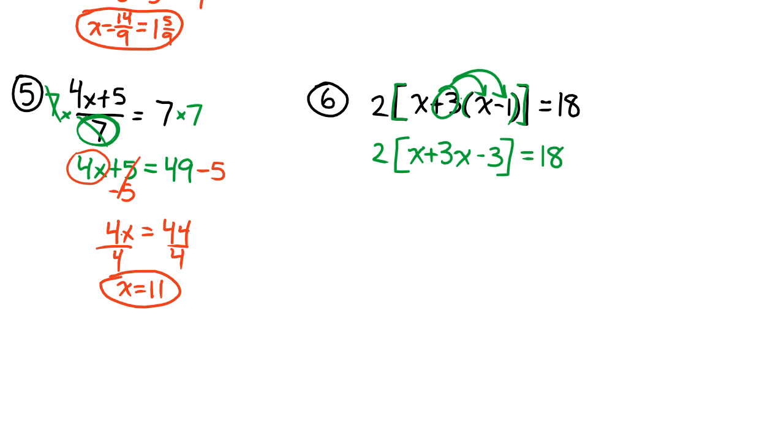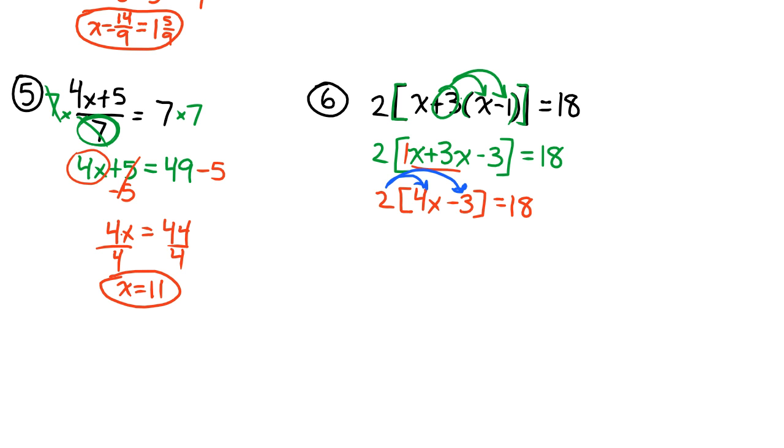And we now have some like terms in here in our brackets that we can combine. So x plus 3x is like saying 1x plus 3x is 4x minus 3, times 2 equals 18. So now we need to look at distributing this 2 through.